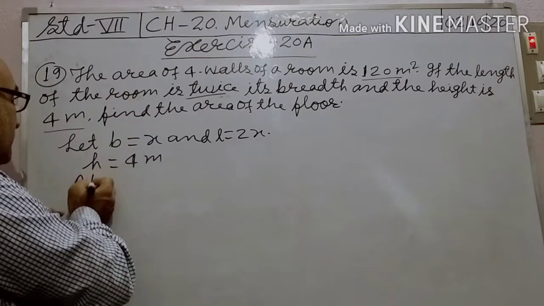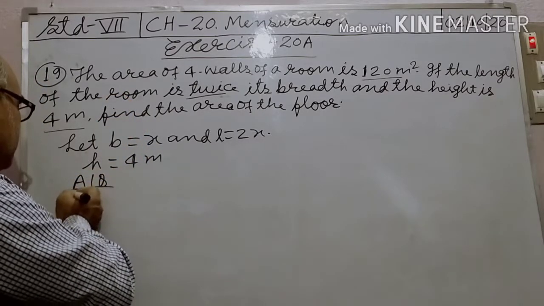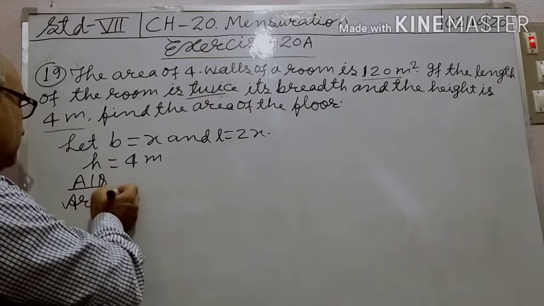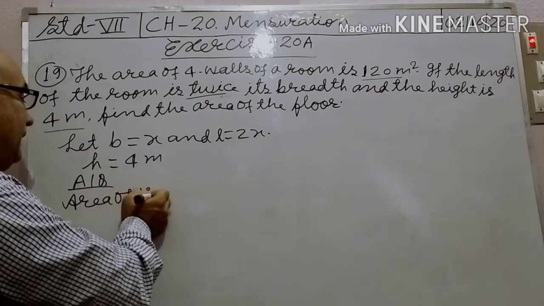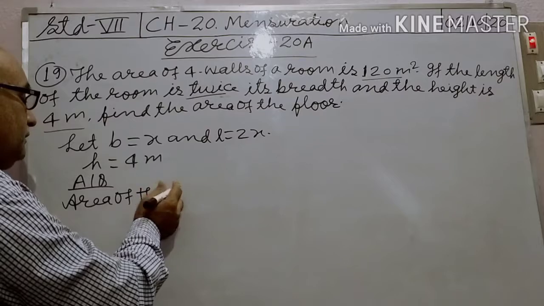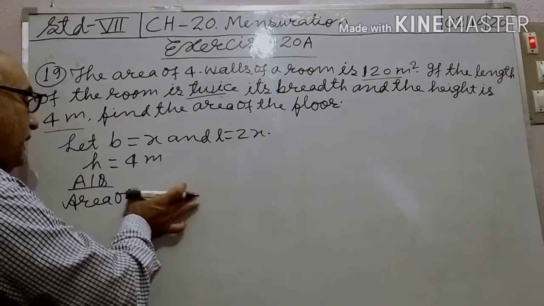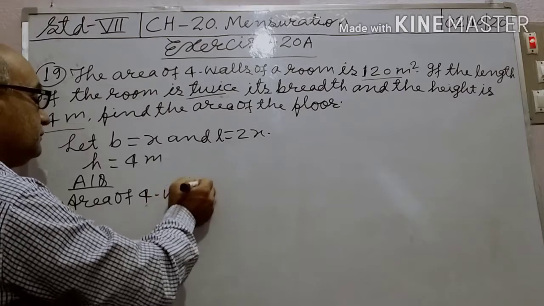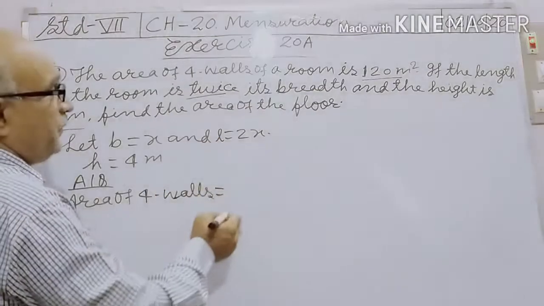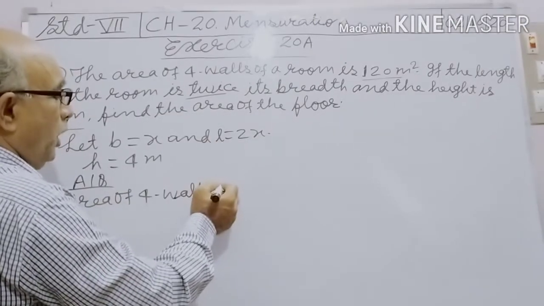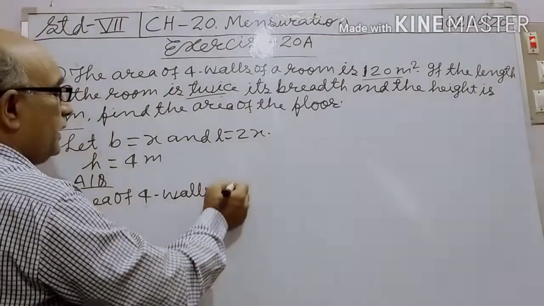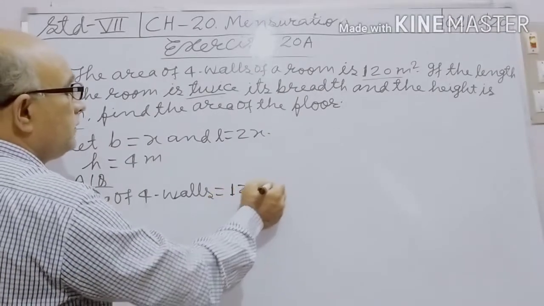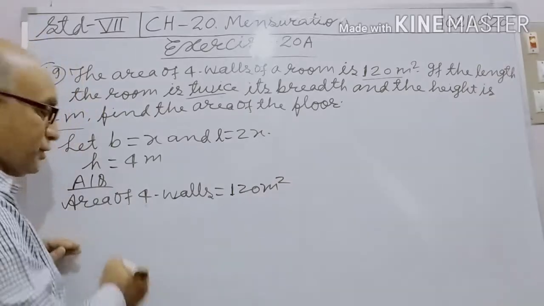According to the question, area of four walls of a room equal to 120 meter square.